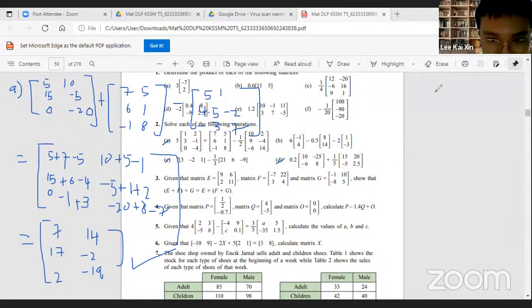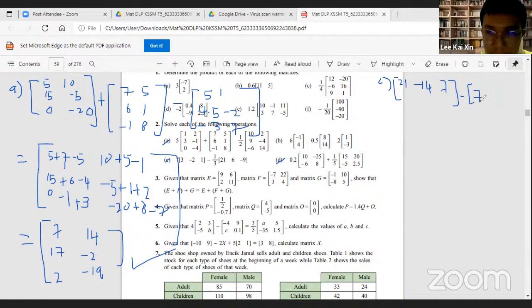How about C? For C, you will get 7 times 3, you will get 21. 7 times negative 2, you get negative 14. 7 times 1 is 7. 1 over 3 times 21, you will get 7.